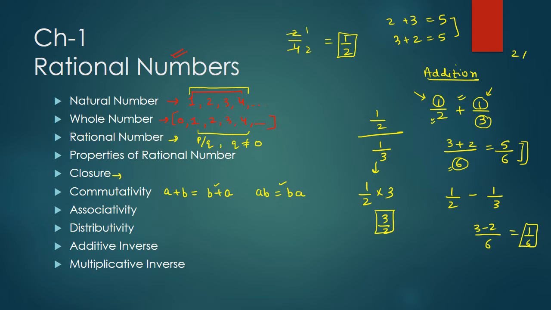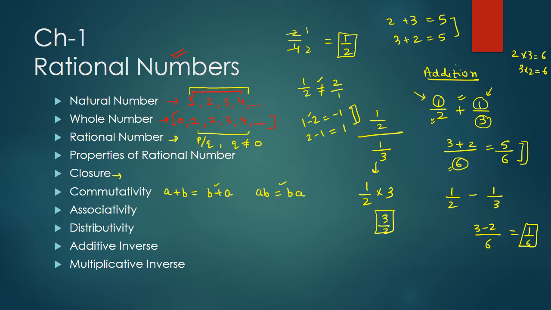How? If you multiply 2 times 3, it is 6, and 3 times 2 is also 6. But can you say 1 by 2, this is half, and the reciprocal of it is 2 by 1, that is 2. These are not equal, right? Similarly, 1 minus 2 is minus 1, and 2 minus 1 is 1. These are also not equal.